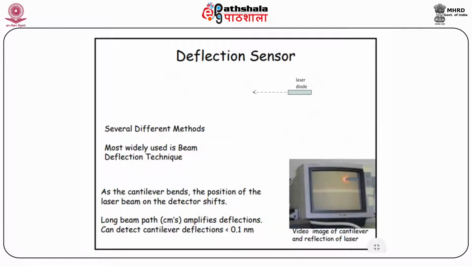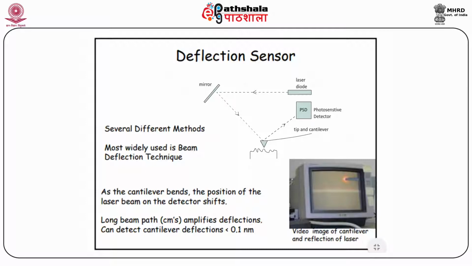Deflection sensors have been shown. Several different methods are there. Most widely used is the beam deflection technique. Here, a laser sends rays to a mirror, and that gets deflected onto the sample, and then goes to a position-sensitive photodetector, and that is analyzed depending upon the reflections.